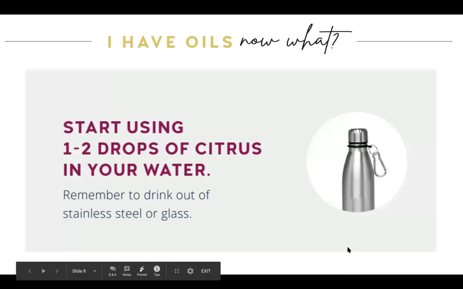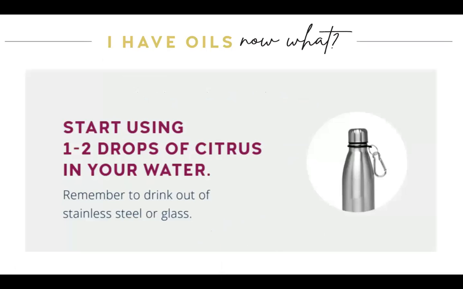And then internal use again. A good way to start is to try 1 to 2 drops of maybe a citrus oil in your water. Bex mentioned green mandarin. Lemon is a great one, especially because it's a very reasonably priced oil. I love lemon and peppermint together. A drop of lemon, a drop of peppermint just revives you.